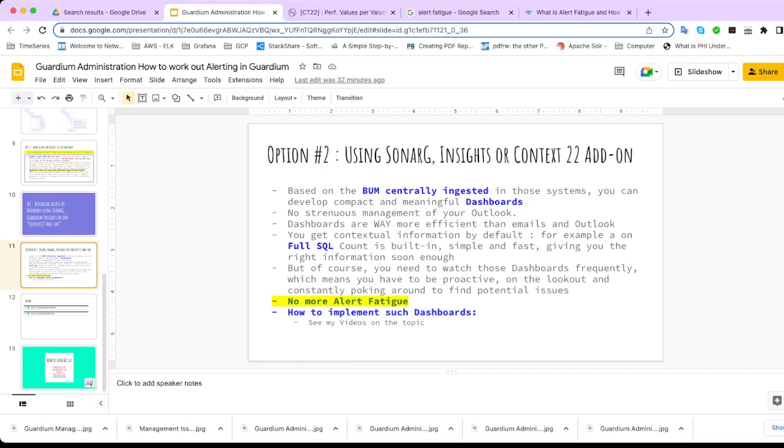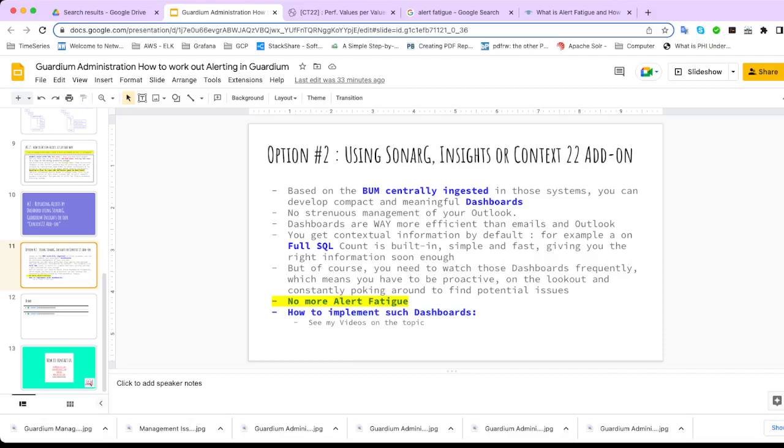For example, if you complement the buffer usage monitor information with full SQL, it's just going to be there. You won't have to go anywhere. It's there at the same time as the information about a dire situation somewhere on some collector.